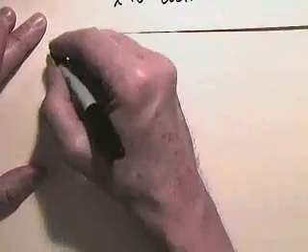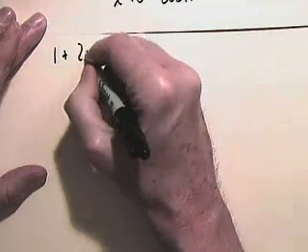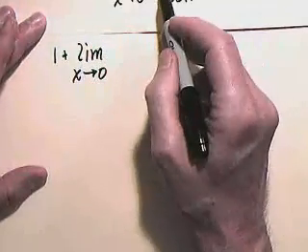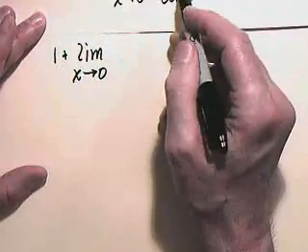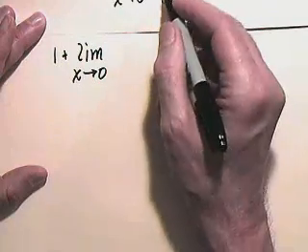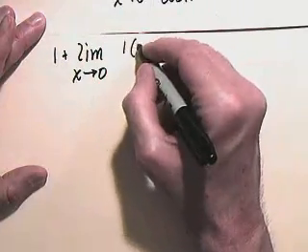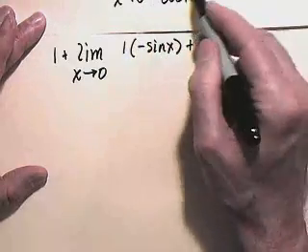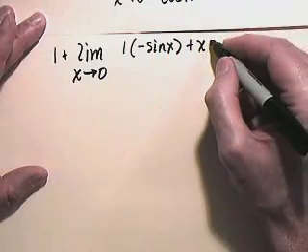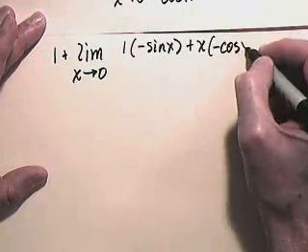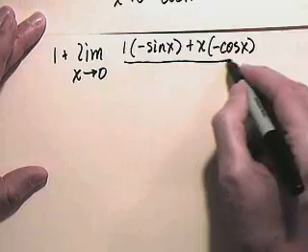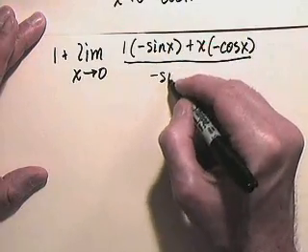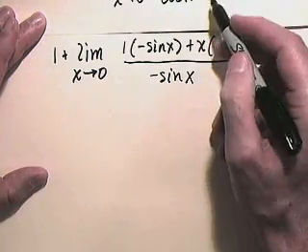So here we have 1 plus the limit as x approaches 0 of, now we differentiate the numerator again, and we have to use the product rule. Derivative of x is 1 times negative sine x plus x times the derivative of negative sine x, which is negative cosine x. And now we divide by the derivative of the denominator. That's negative sine x, and the derivative of 1 being 0.